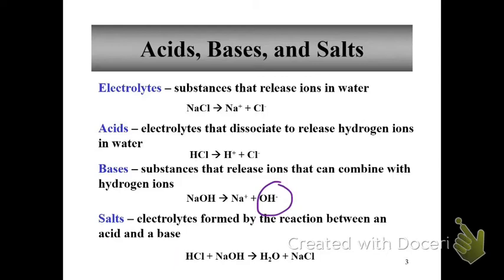We pronounce that OH as a hydroxide. That's a functional group you probably remember from some chemistry class along the way. Anything with a base is going to be releasing hydroxides, and anything that's an acid is going to be releasing hydrogens. So acids, hydrogens; bases, hydroxides.